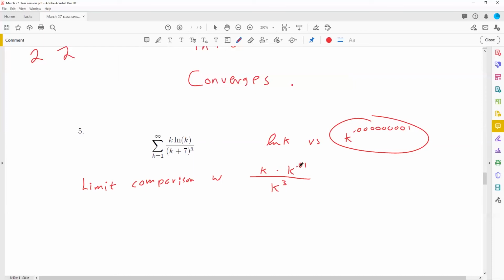Because that's still going to beat out your log K. And so essentially that would give you 1 over K to the 1.99. Okay, so now the thing is, if you do that, now you are dividing by this.